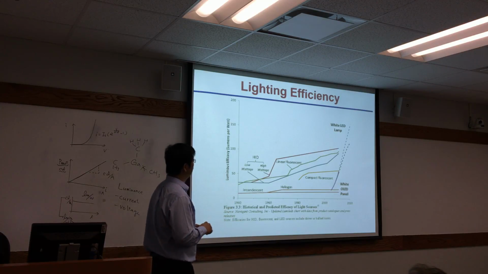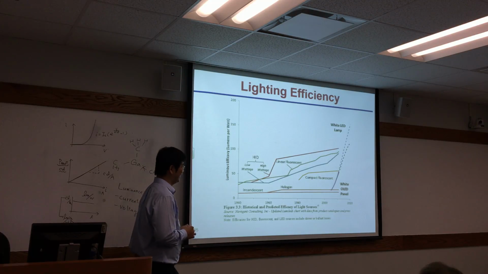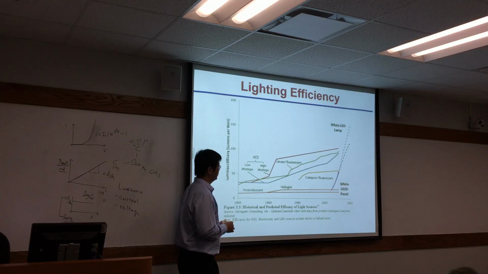What's your viewpoint about these two technologies? I mean, OLED is competing with LCD in display and competing with LED in lighting. What's your viewpoint about these two competing technologies?